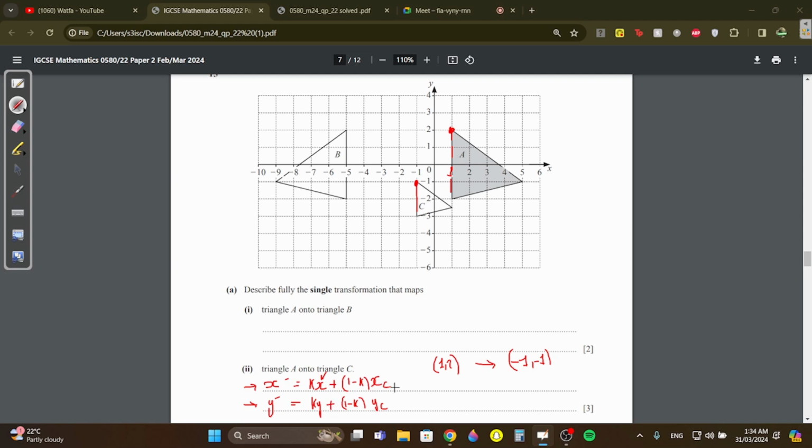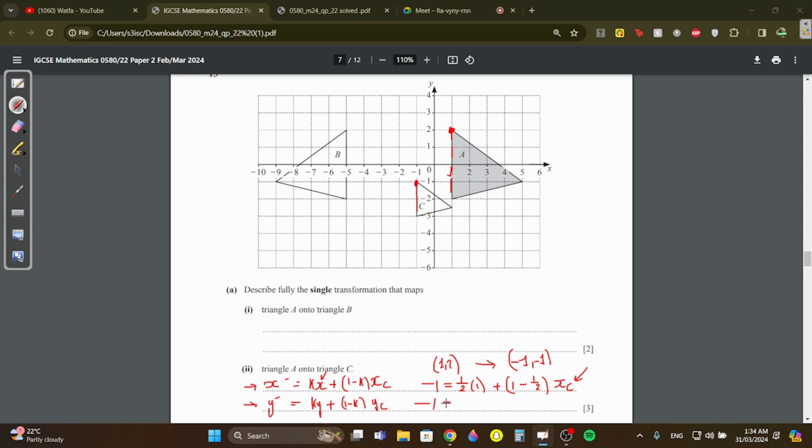So let's just substitute in the equation. X prime, which is negative 1, equals kx, so 1 over 2 times 1, plus 1 minus k, so 1 minus 1 over 2, times x of the center. K means scale factor, by the way. This x of the center is what we need. We're trying to find the center of enlargement.